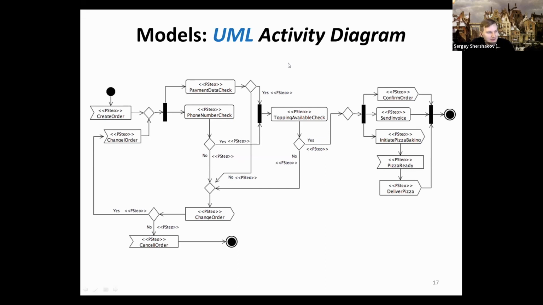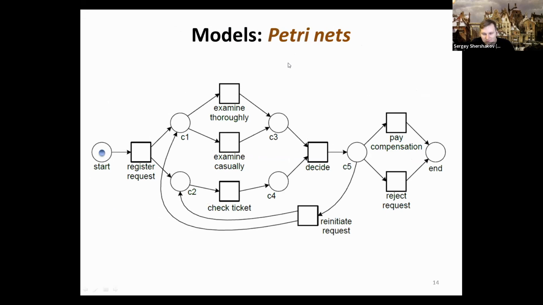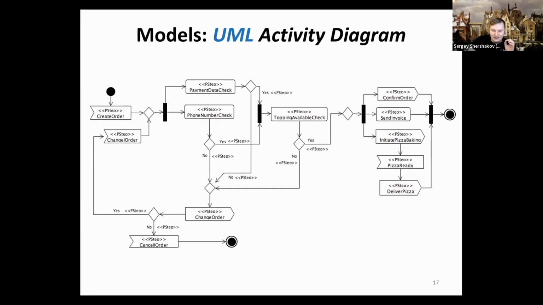We may think of the UML activity diagram as just a somewhat different graphic notation for the same Petri net models. Those of you who used to deal with these models actually dealt with Petri net models, but expressed using a different graphical notation.